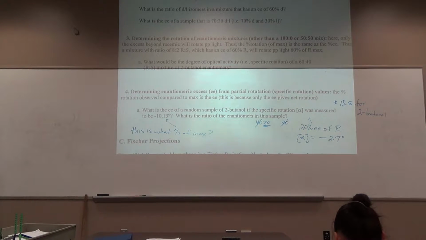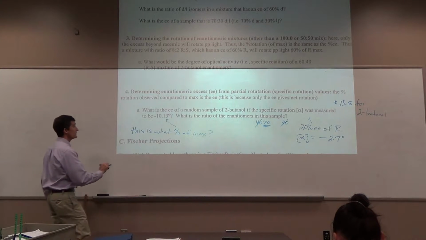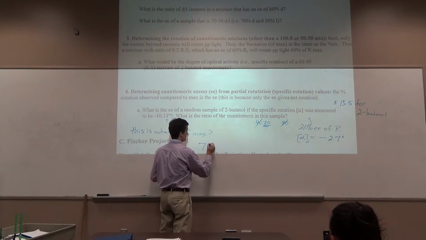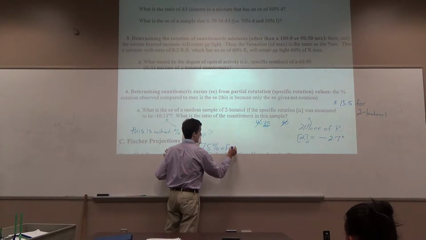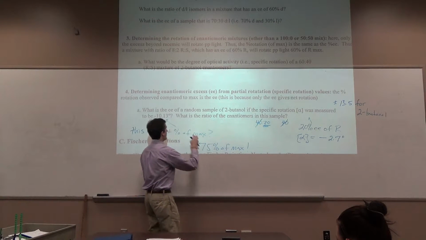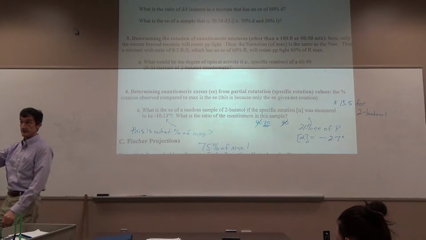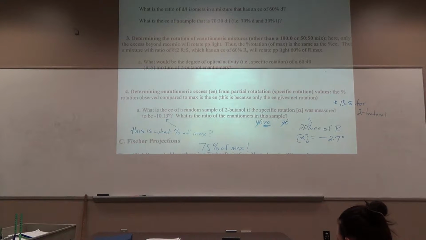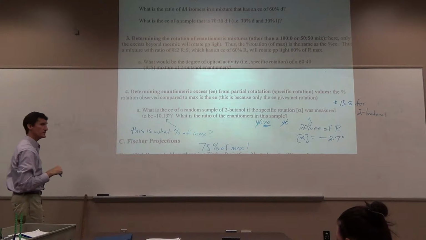Is that 75% of max? That's what we need to know. That's 75% of max. You get that by dividing it by max and multiplying by 100. Now that we know it's 75% of max, what is our EE?